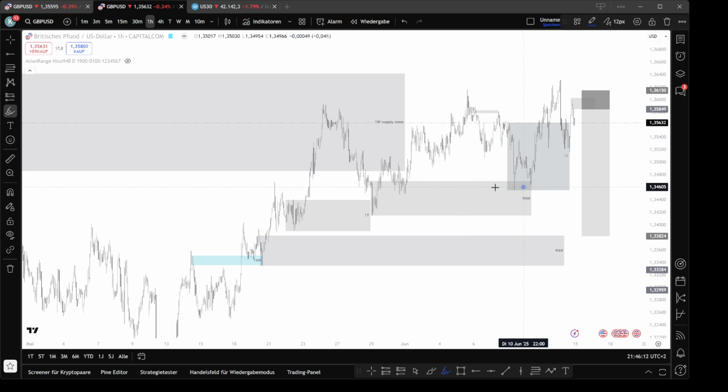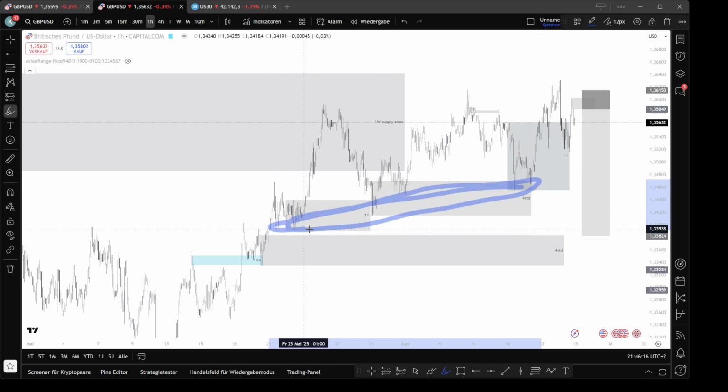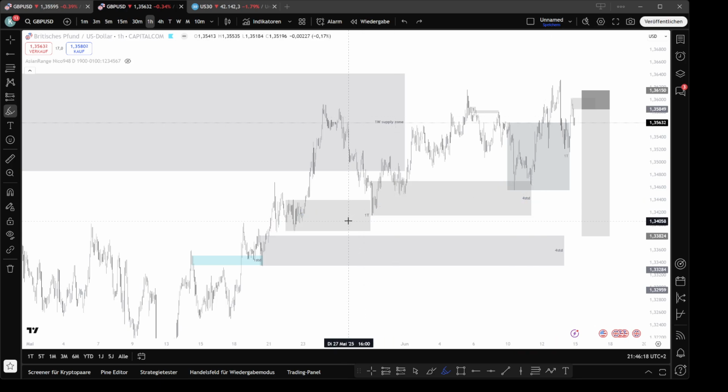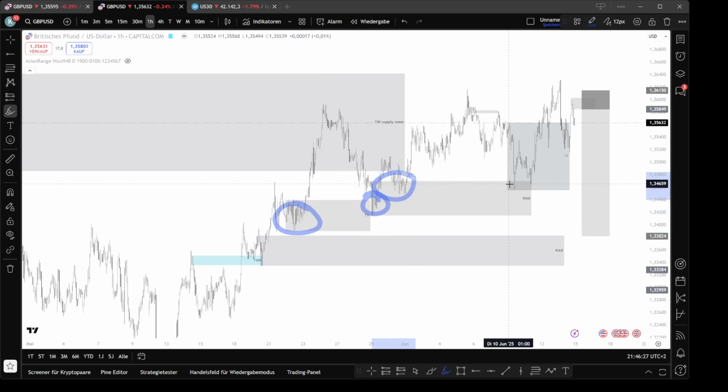I call these areas zones of liquidity because these are demand zones which were created in the past, and price reacted there and created other demand zones which price reacted from. So any demand or supply zone which was created and within which price had already reacted in the past, it's definitely telling us that's a liquidity.